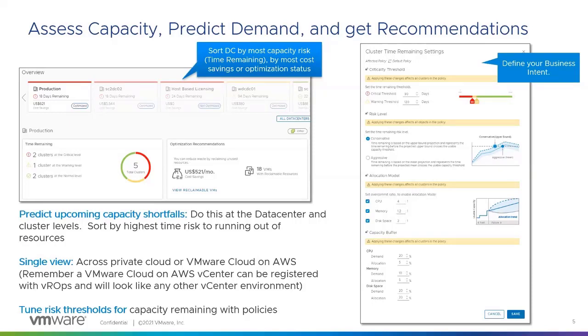It lets you do things like predicting when you're going to run out of capacity. It supports basically any vSphere-based clouds. You know how much capacity you have left, and there's a lot of things that you can tweak and tune to make the capacity projections more meaningful for the particular circumstance.